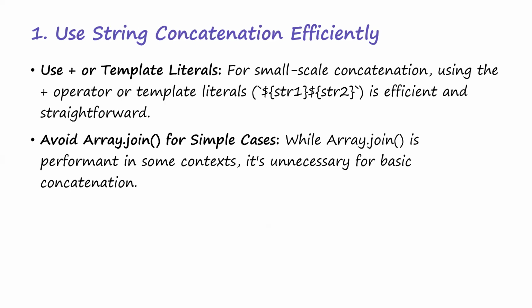But you should not use array.join for simple cases. For simple cases, use the plus operator or the template literals. While array.join is performant in some contexts, it's unnecessary for basic concatenation. You don't just want to concatenate small strings and you're using array.join. No, array.join should be used when performance is really important, especially when you're working with loops.